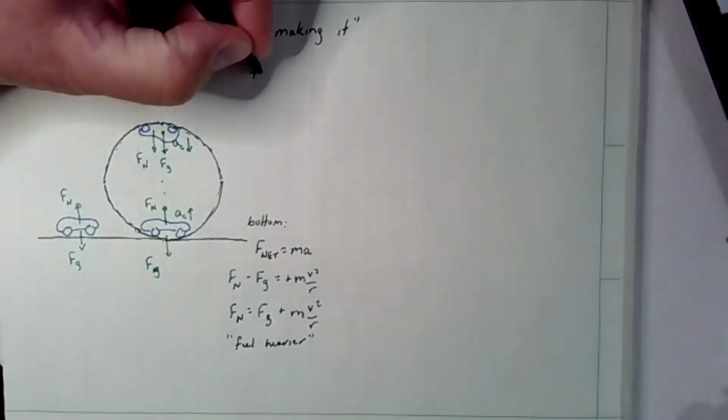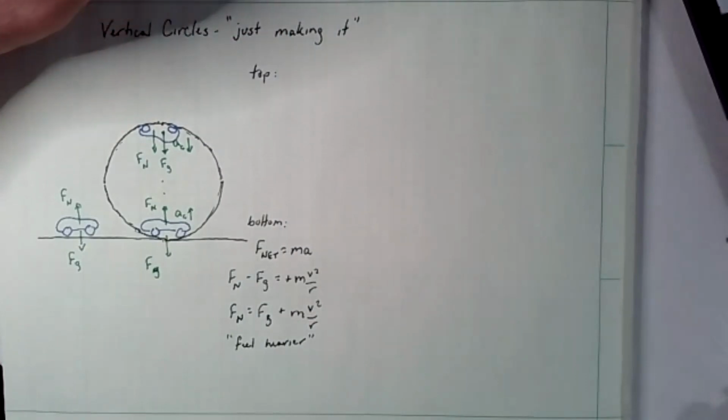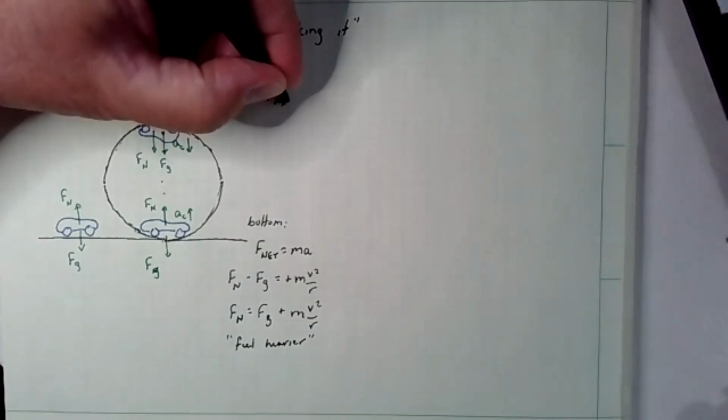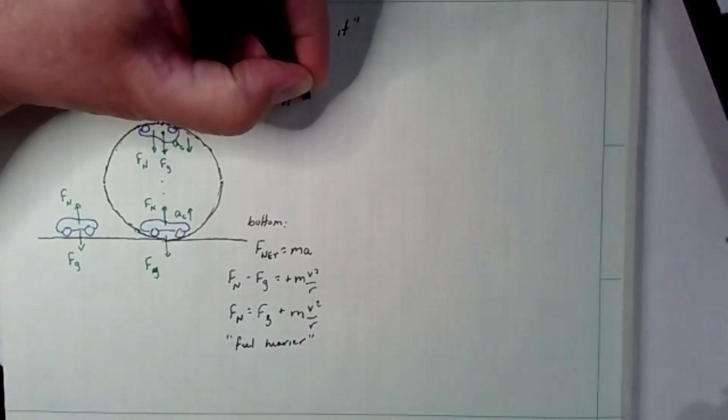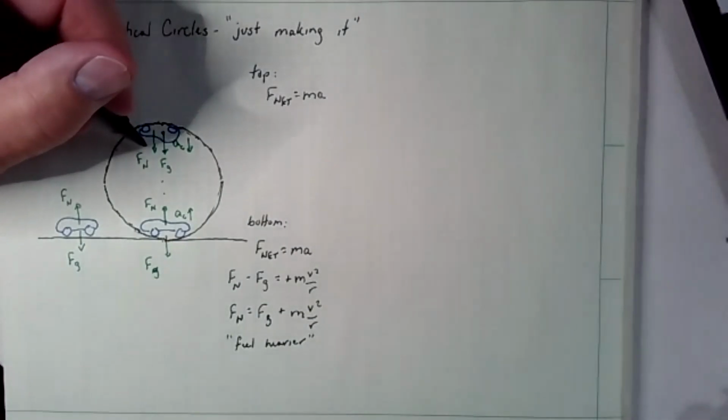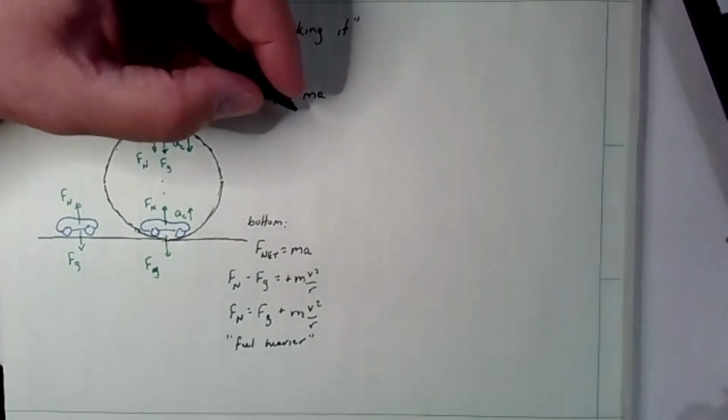At the top, same breakdown. F net equals ma. And now everybody is downward. Everybody has a minus sign.